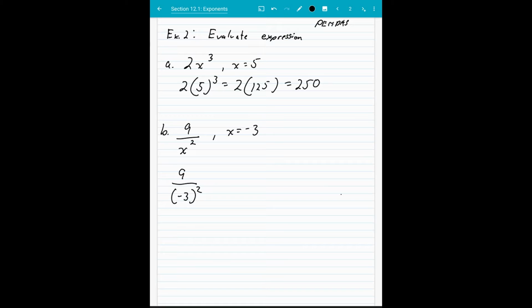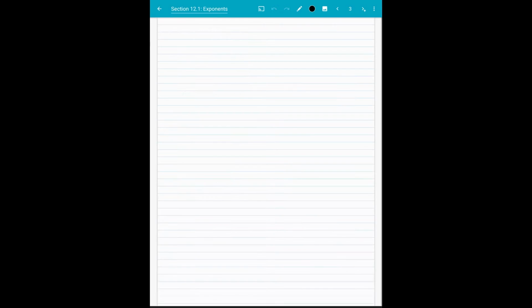Because if the negative was on the outside, it would affect our answer. -3 times -3 makes a +9. So 9 over 9, and that makes 1. That'd be our answer. So it wants us to simplify some of the expressions after we evaluate. But here's the new stuff. Let's look into example 3.